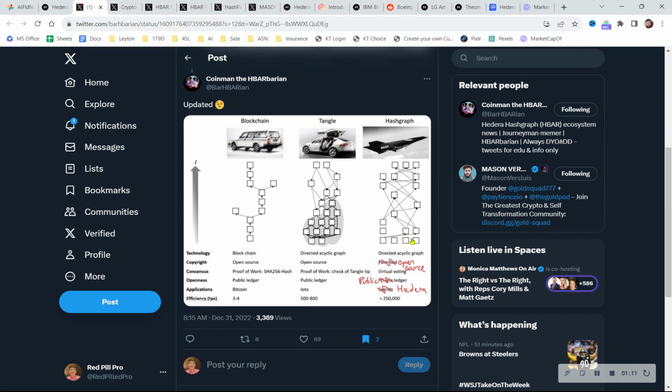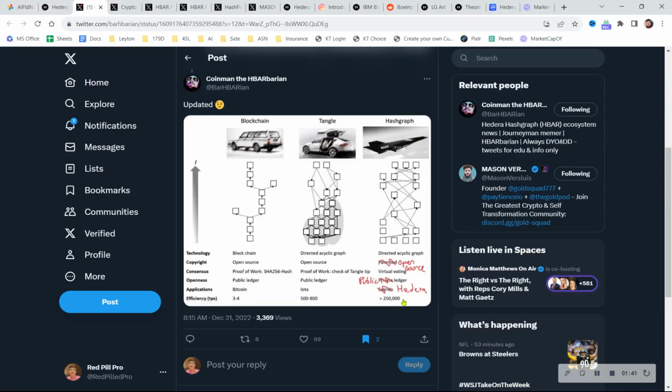HBAR and Hashgraph use this technology called a directed acyclic graph, which basically means it can move in multiple ways and across multiple points to convey its information. Its transactions per second can reach over 250K.